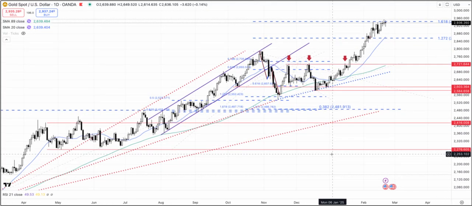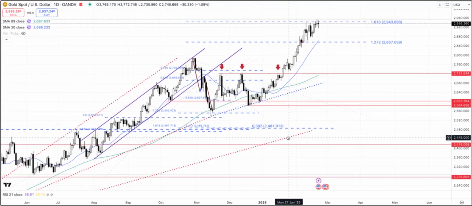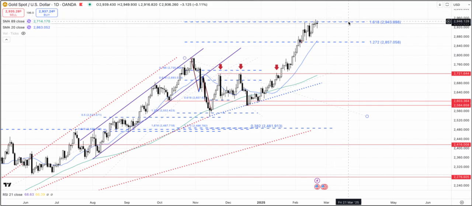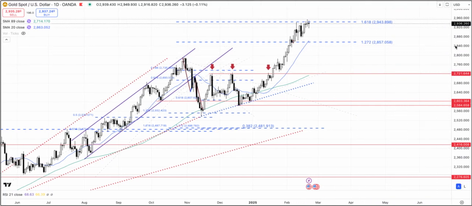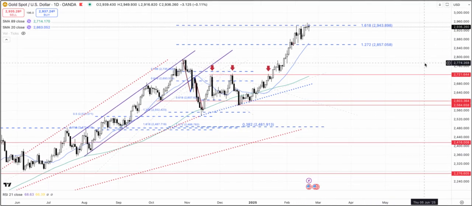We have a similar price action in terms of the price levels that we were watching, with the 1.618 expansion around the 2,944. So the high has been 2,955 on the spot chart. It hasn't really hit the psychological level of 3,000 yet, but we are not too far away either.